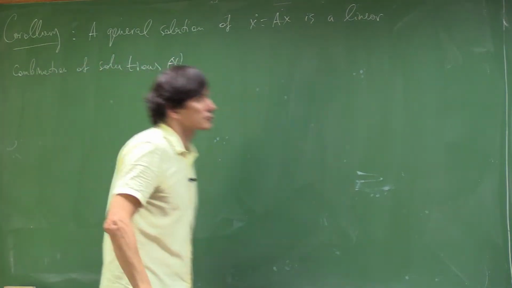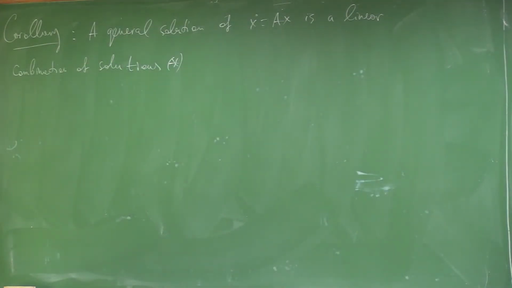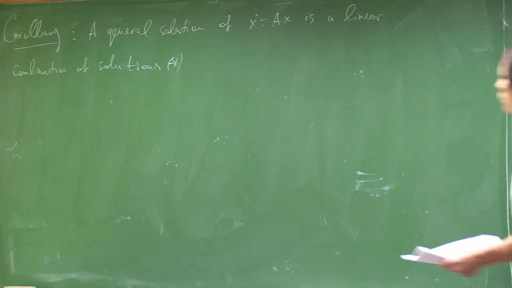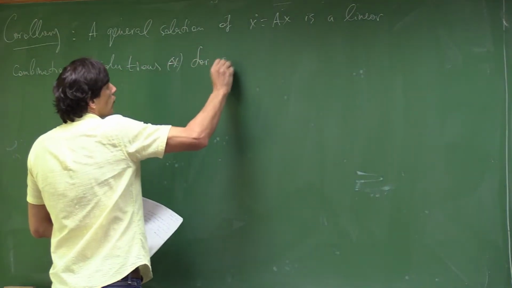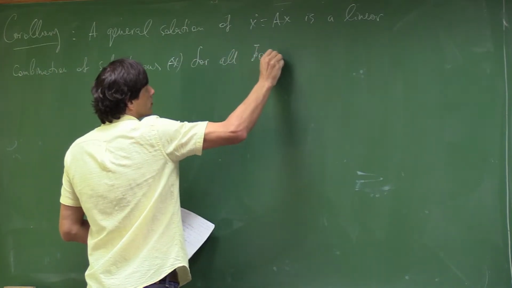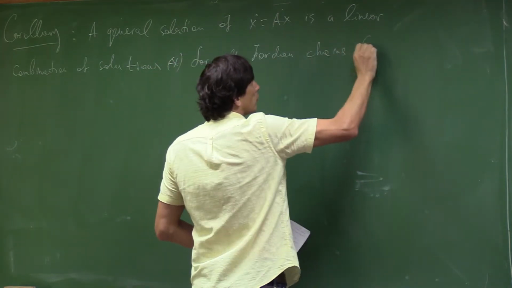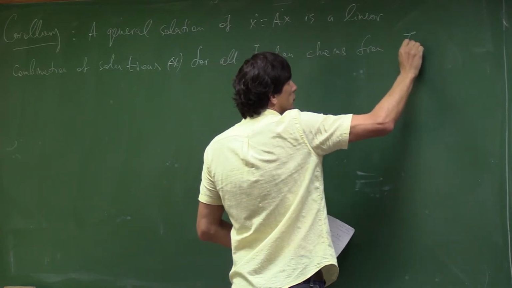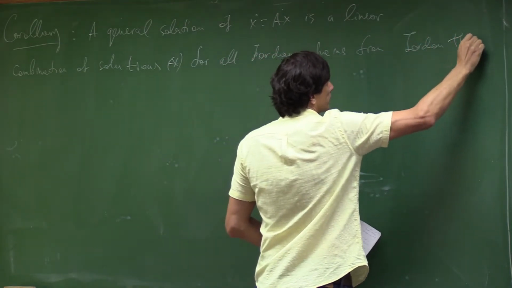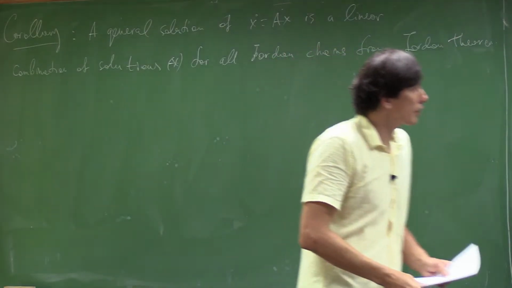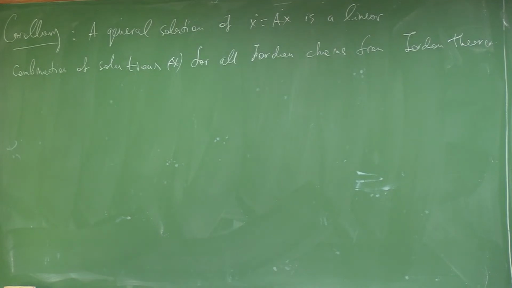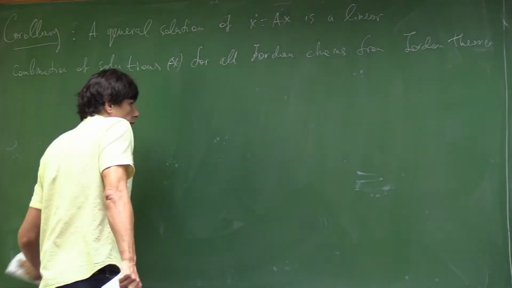Let's call this solution star. So a linear combination of this solution star for all Jordan chains from the Jordan theorem. So if you take all these Jordan chains from the Jordan theorem and form these solutions, they all together will give a general solution.